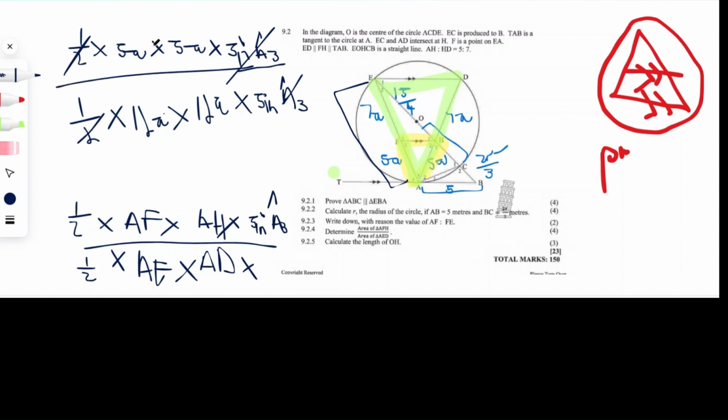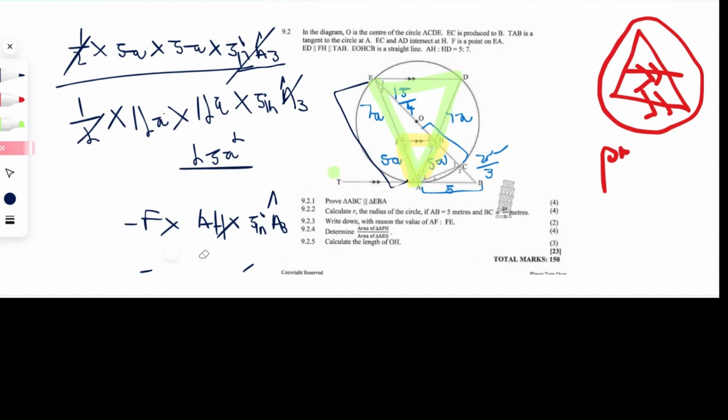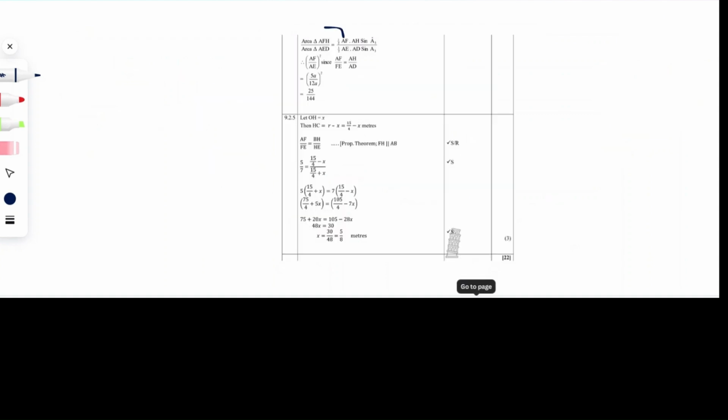Then 5A multiplied by 5A is going to be 25A squared. And 12A multiplied by 12A is going to give us 144A squared. And what happens is the A's cancel out, leaving us with 25 over 144. Now that's a very, very effective way of answering these types of questions. Super easy. So that's how we got our answer of 25 over 144.